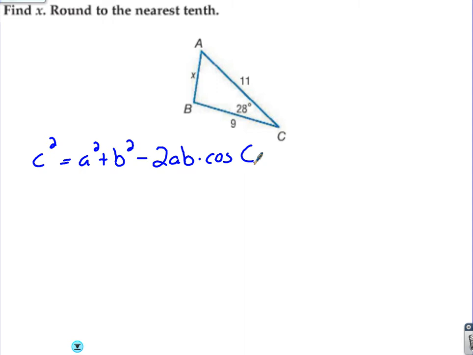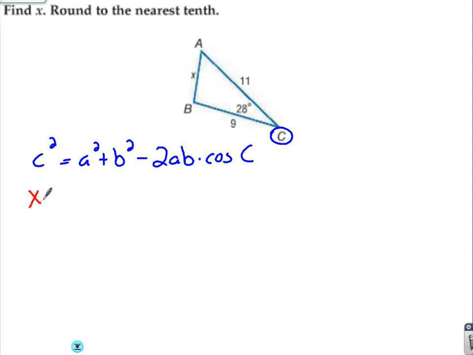Dylan B, do we have c? Little c. What is little c? Here's big C. Dylan, where's little c located? Side C. Little c, little a, little b, little c, those are all sides. If this is angle C, then side C is going to be x. So you have x squared.